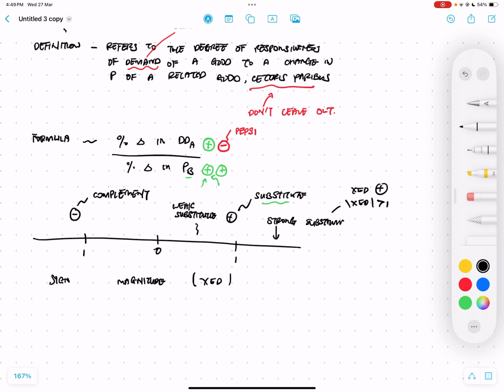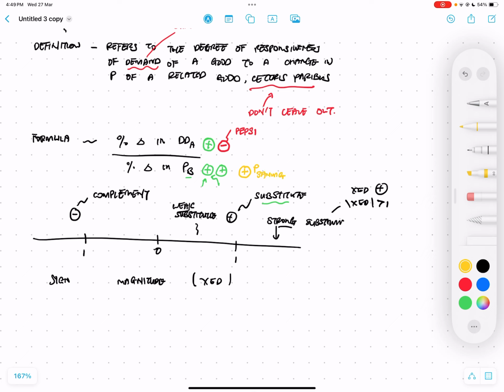So what's the rationale behind this strong versus weak? Let's say you have an increase in the price of, let's say, Samsung phones, right?